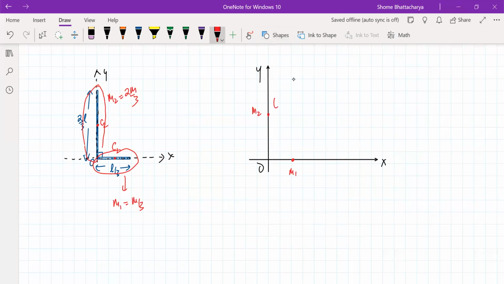This should be the midpoint of this rod, so its coordinates are 0, L by 3. And this is the midpoint of this rod, so it's at L by 6 from the center, and its coordinates are L by 6, 0. Now the system center of mass will be somewhere here. That is the final center of mass of the rod also. Its coordinates are, let's say, what we want to find out.